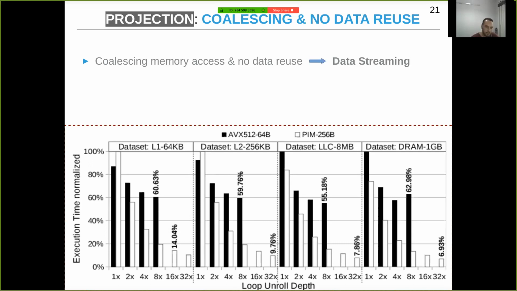In each data set, you run the operators using AVX and PIM execution. The horizontal axis determines the degree of parallelism present in each architecture. And the vertical axis has the execution time or energy consumption normalized to the worst execution for each data set.